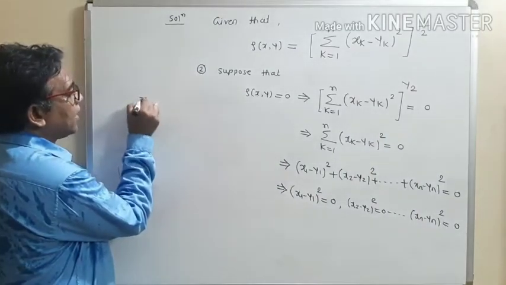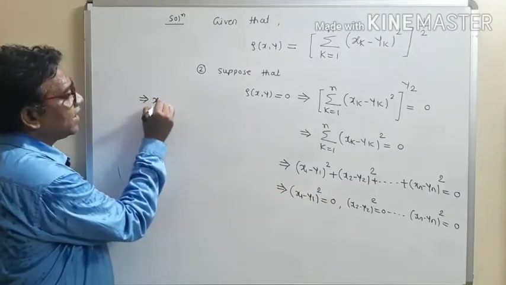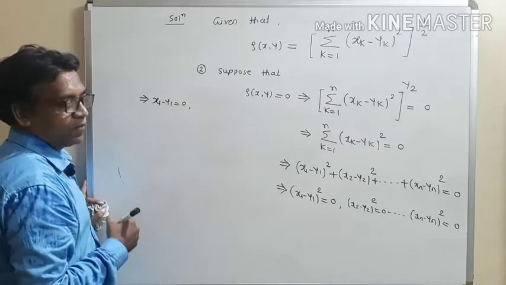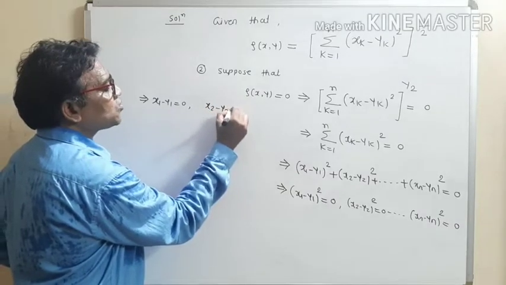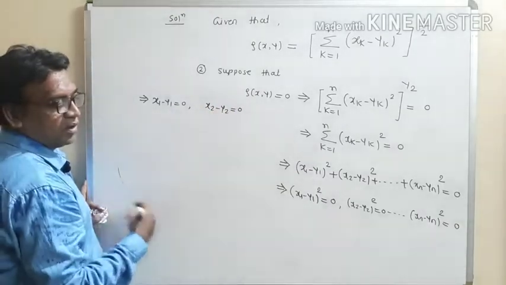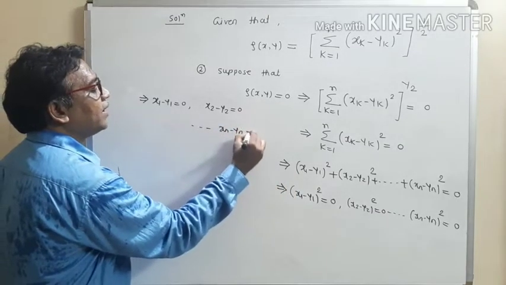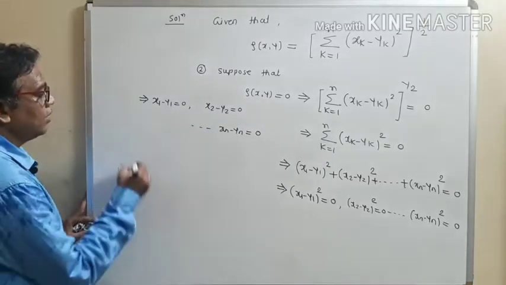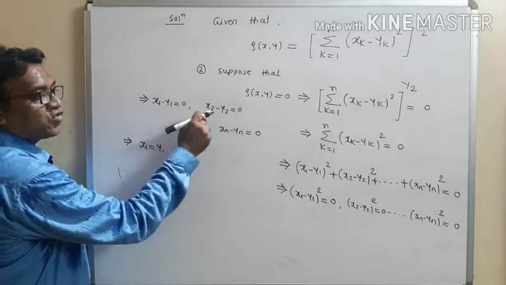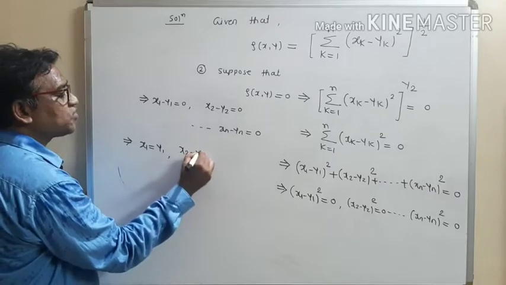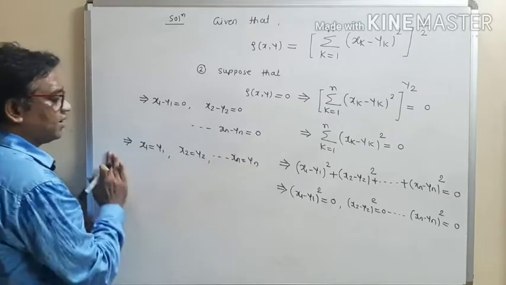This implies that (x1 minus y1) whole square equal to 0 means x1 minus y1 is equal to 0. (x2 minus y2) whole square equal to 0 means x2 minus y2 equal to 0, and the last term xn minus yn is equal to 0. So this will imply that x1 is equal to y1, x2 minus y2 is equal to 0 means x2 is equal to y2, dot dot dot, xn minus yn is equal to 0 means xn is equal to yn.